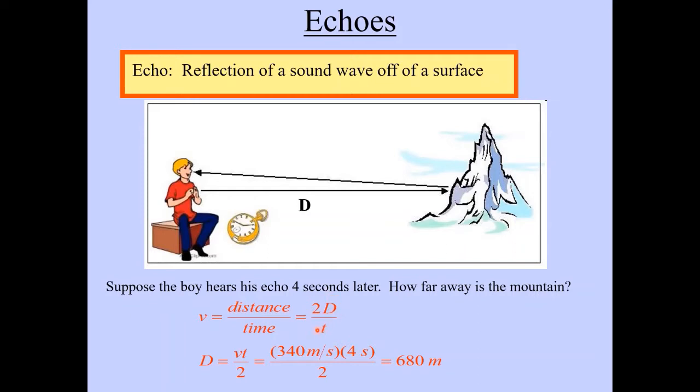We can multiply both sides by t and divide by 2, and we get distance is equal to vt over 2. For the speed of sound, we can use 340 meters per second. The time was given as 4 seconds, and we have to divide that by 2, so that comes out to be 680 meters as the distance between the boy and the mountain.